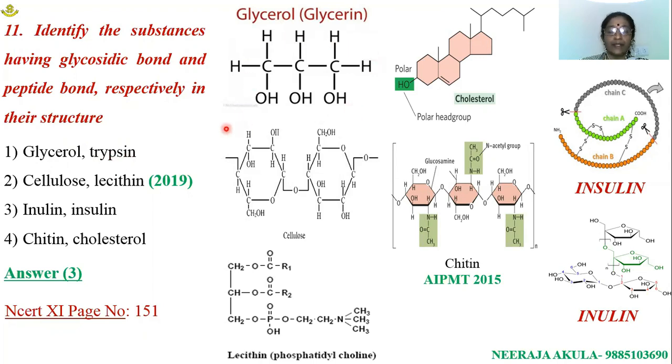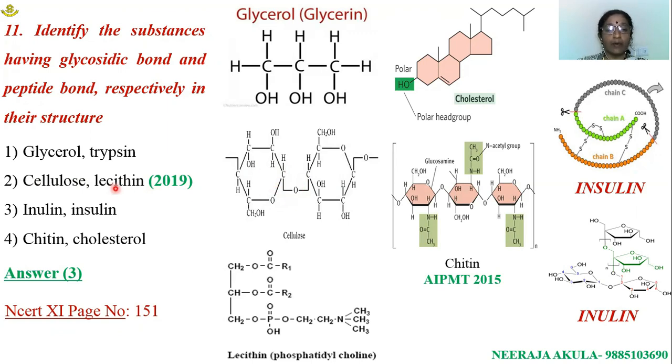This is the structure of glycerol, which is known as trihydroxypropane, which is not associated with a glycosidic bond. Cellulose is a homopolysaccharide, which is a major component of the cell wall of plants, algae, and also oomycetes fungi. This is the structure of cellulose where beta 1,4 glycosidic bond is present.